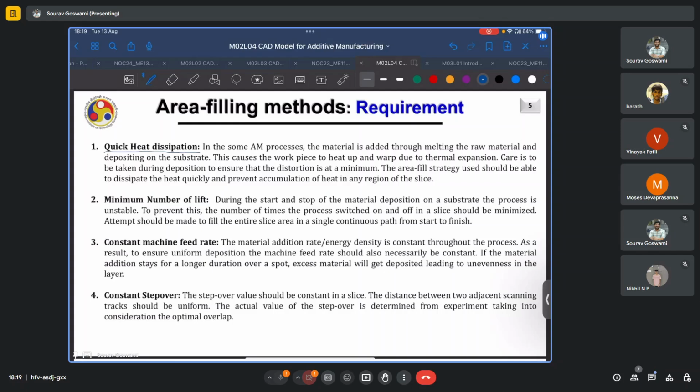Now, we wonder why that is. So, in some of the AM processes, the material is added through melting the raw material and depositing on the substrate. Such examples may be, say, in DED or arc-based additive manufacturing processes, where you melt the material and deposit it.